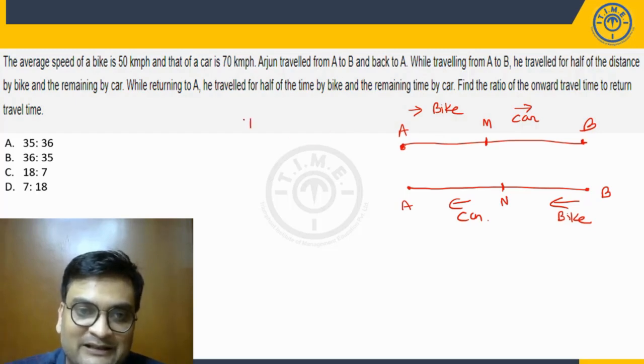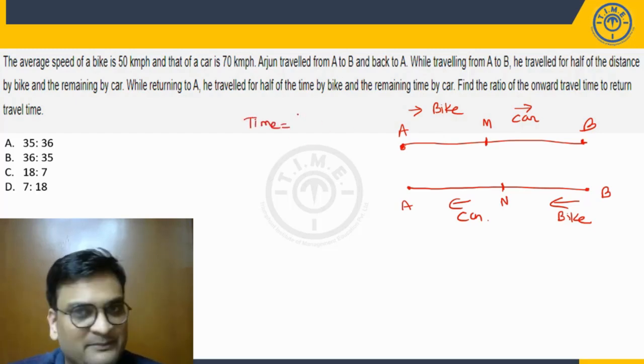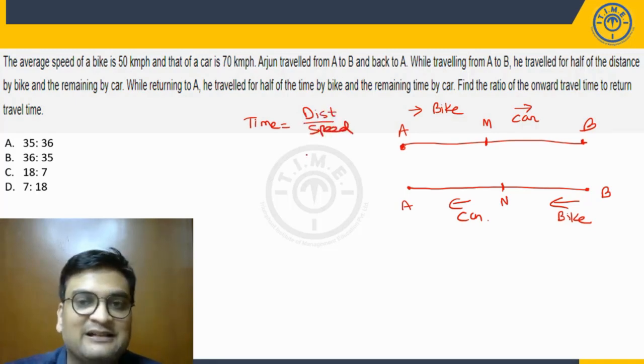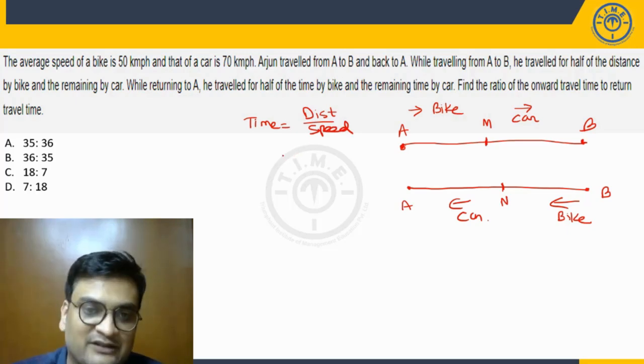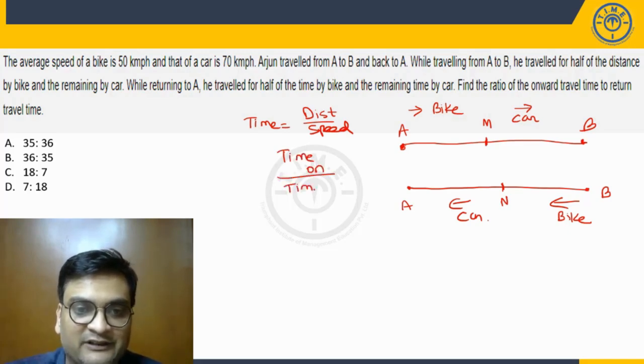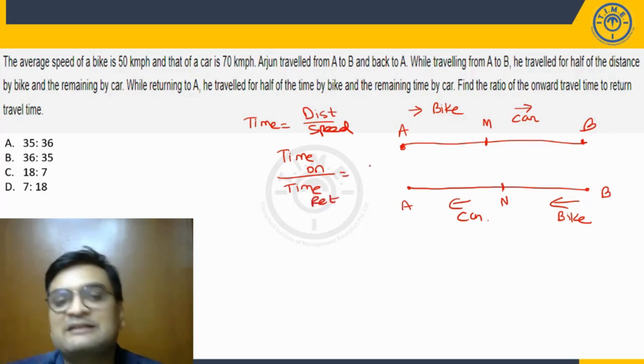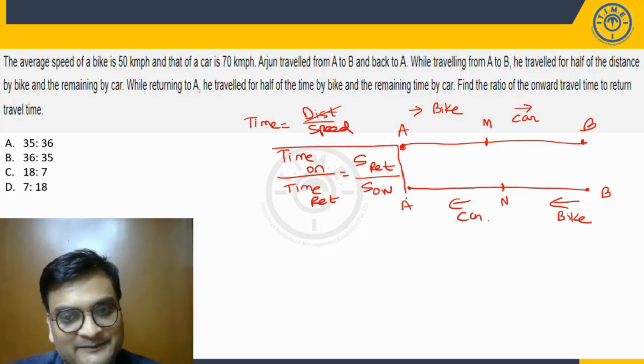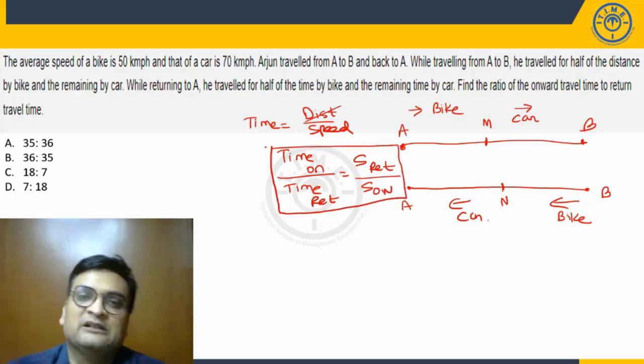So the time is nothing but the basic formula, distance by speed. If he's asking us the ratio of onward travel time and return travel time, since distance is constant, the ratio of the time will be equal to the inverse of the ratio of the speeds.